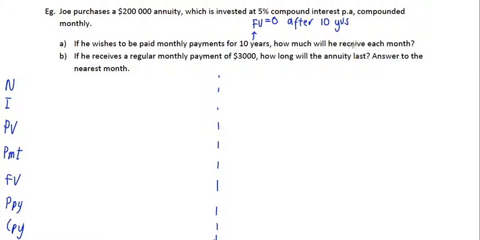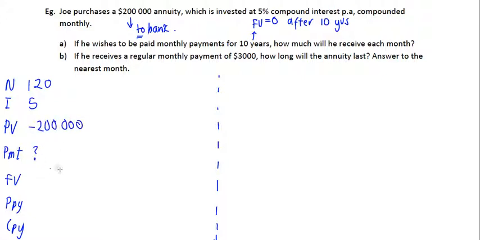Okay, so to start off with, if we're going with 10 years and there's monthly payments, there's obviously 120 payments. The interest rate will be per annum on the finance solver, so pop that in. Now, if he's investing this money, it's going to the bank. Remember, money that goes to the bank when we put it in the finance solver is negative.